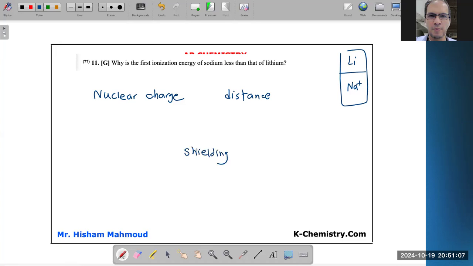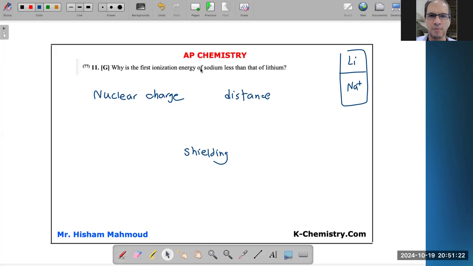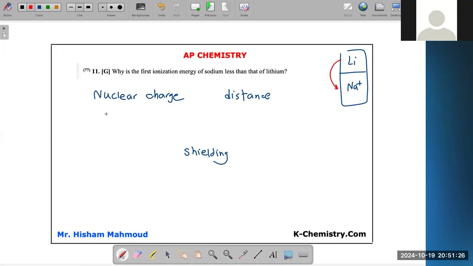What about the nuclear charge? Which one has more nuclear charge? The same? Is the number of protons the same or a different number of protons? Different. So nuclear charge increases when you go from lithium to sodium.